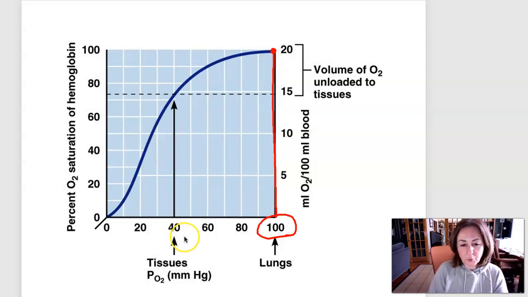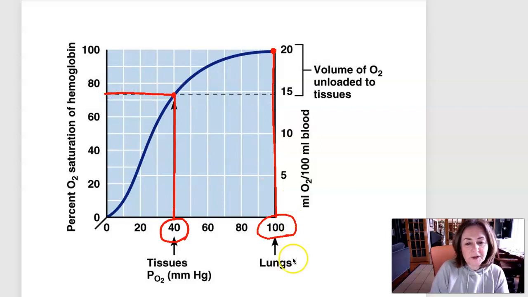So at a tissue, once this oxygenated blood goes through a capillary bed at a working tissue, the partial pressure of oxygen at the tissue, they're telling me, is about 40. And so if I take a look at this graph, what that's showing me is that oxygen will leave hemoglobin, but hemoglobin remains about 75% saturated.